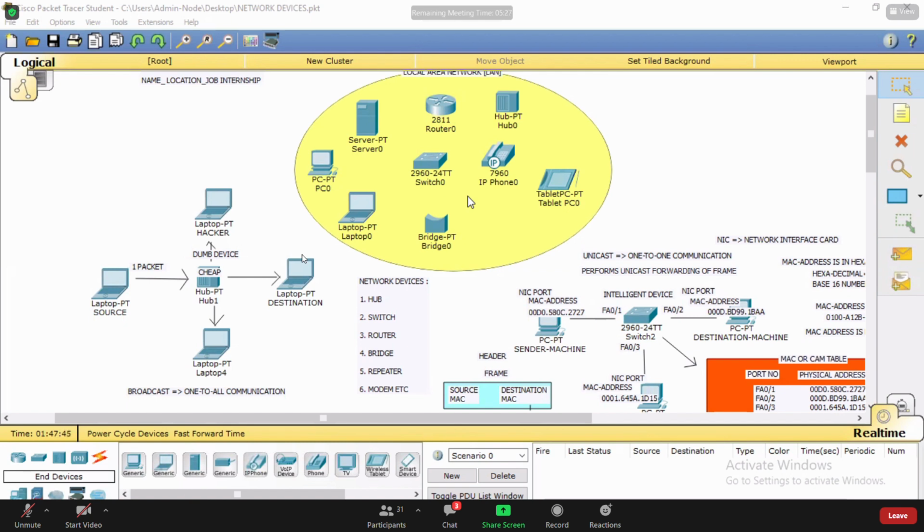The short form of TCP and UDP. This is the short form itself. TCP and UDP itself is a short form, right? It is not the full form. The full form is Transmission Control Protocol, and UDP is User Datagram Protocol.